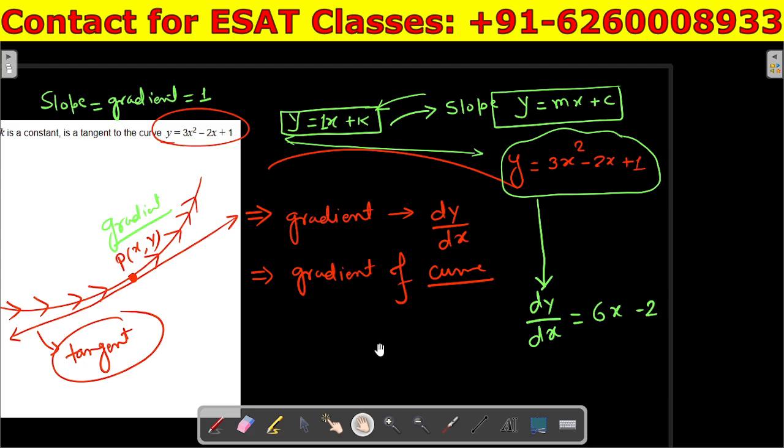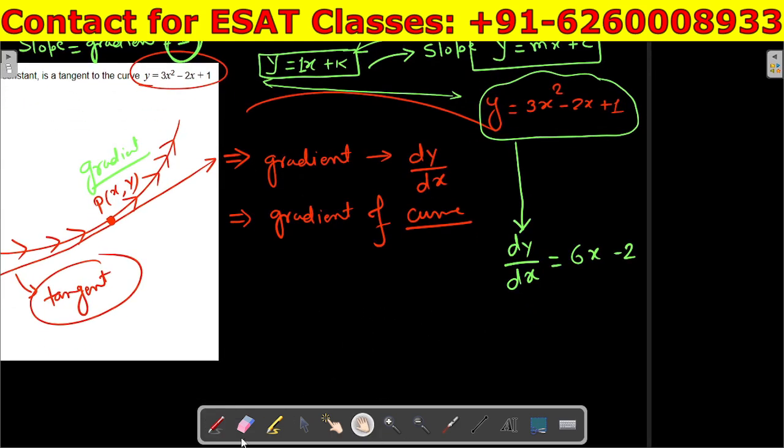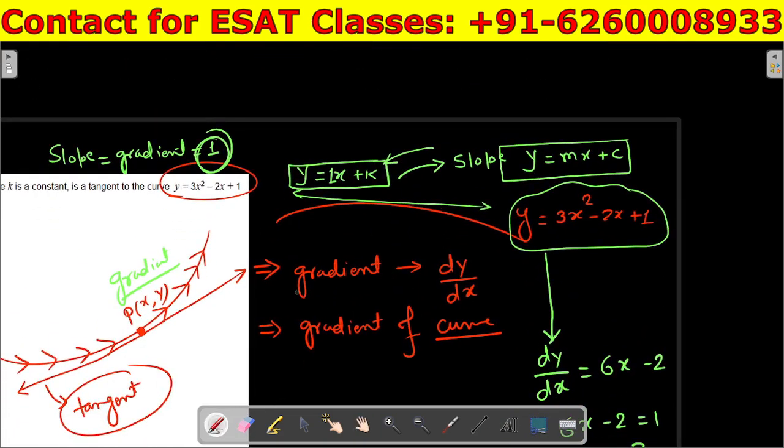Now we are looking for the point at which the gradient is 1, so we equate 6x minus 2 equals 1. We get 6x equals 3, so x equals 3 by 6, that is 1 upon 2. So the point at which the gradient is 1 has x coordinate 1 by 2.